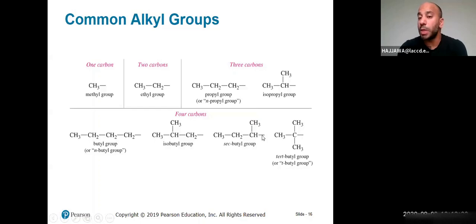Sec-butyl is when you have the attachment from the 2nd carbon, and tert-butyl is when you have 4 carbons and the attachment is coming from the middle carbon. So you have 3 methyls attached to a carbon. That makes it a 4-carbon group, but that group will be a substituent. Then it will be named a tert-butyl. So you are required to know the butyl group, isobutyl group, sec-butyl group, tert-butyl group, isopropyl group, propyl, ethyl, and methyl. Nothing beyond that. So you are required to know these examples of alkyl groups.